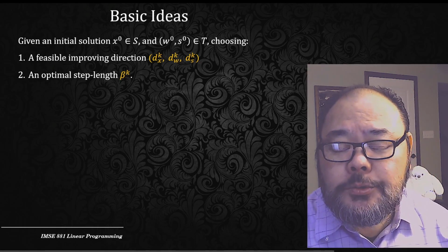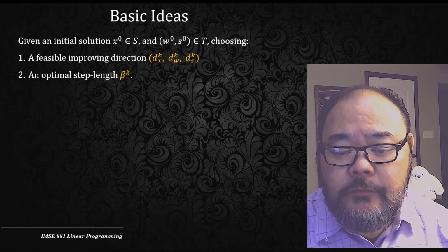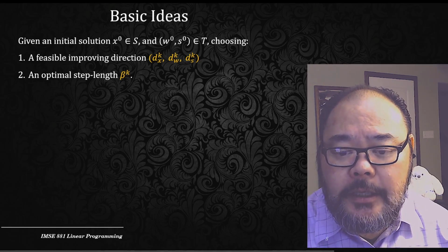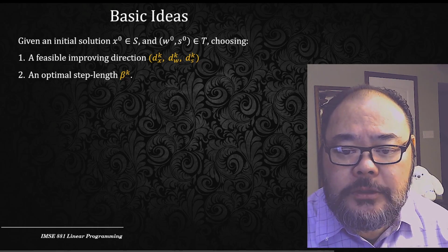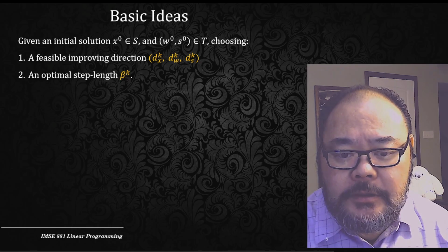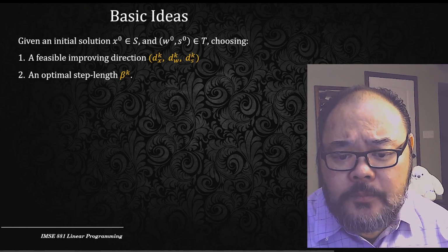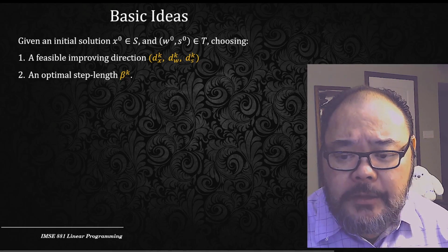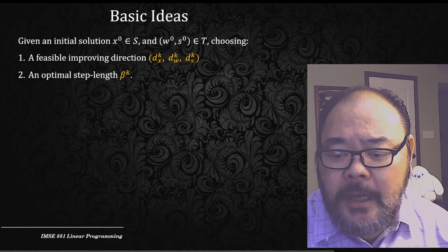We want to make sure the direction for the primal variable dx_k, the direction for the dual variable d omega_k, and the direction for the dual slack ds_k are all moving in a feasible direction, and also improve my objective function.